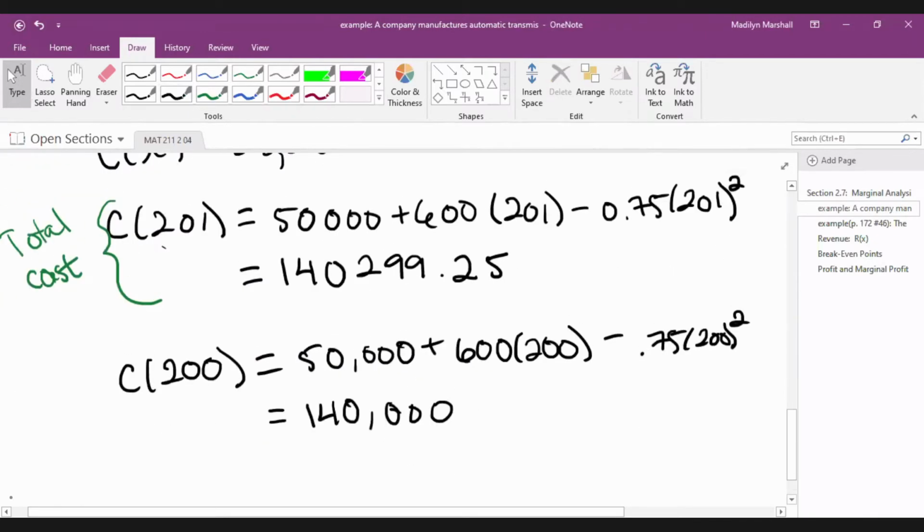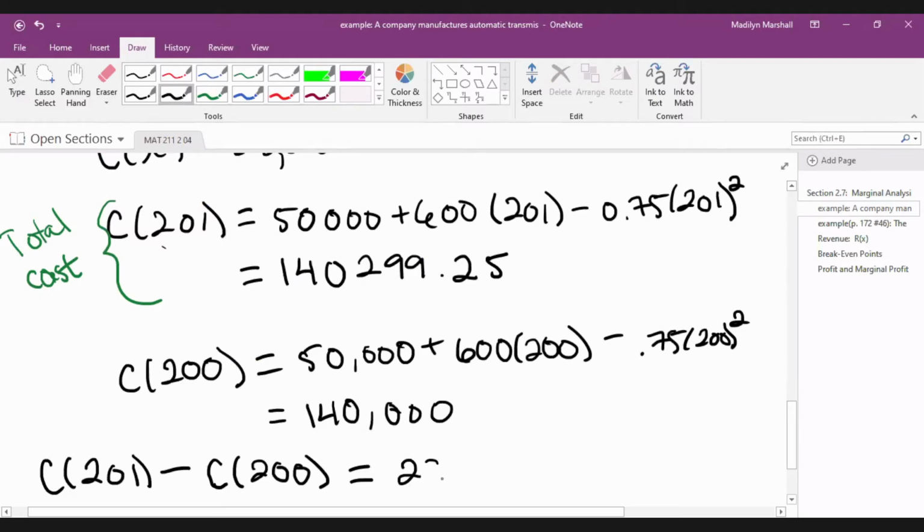So 299.25. Yes, exactly. So what we're looking for here is the total cost of making 201 transmissions minus the total cost of making 200 transmissions. And we do get 299.25. That one is just in dollars because this isn't actually a rate. We were just looking for the cost of that one single transmission, that 201st transmission.